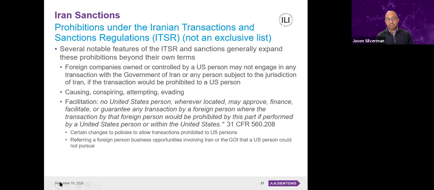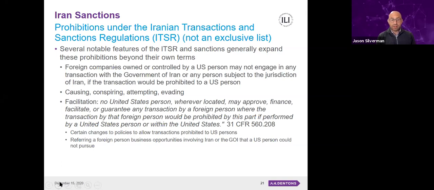This is a concept that Peter also discussed, and it essentially refers to when a United States person helps a non-U.S. person to participate or pursue a transaction where a United States person could not perform that transaction themselves.